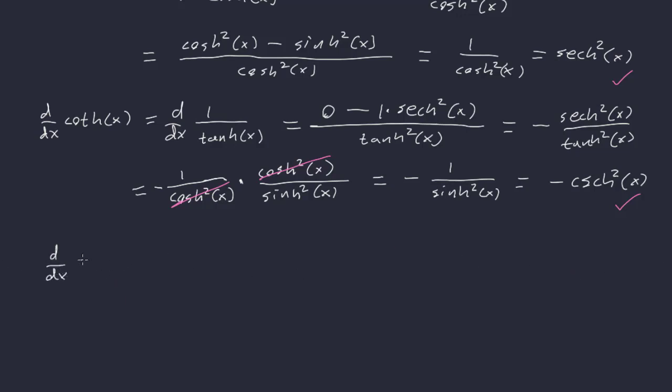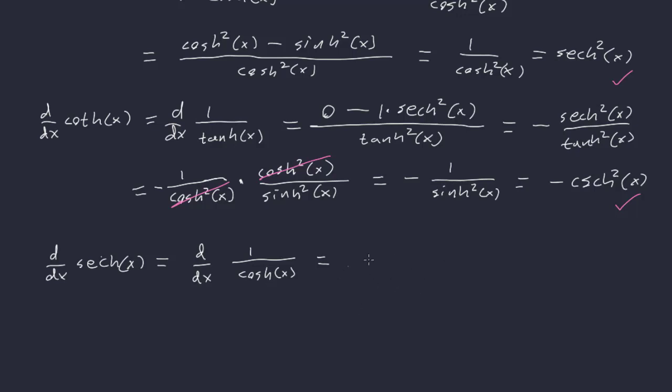So the derivative of secant h of x, well, that's the derivative with respect to x of 1 over cosh of x. Okay, so again, all of these reciprocal functions are going to use the quotient rule.